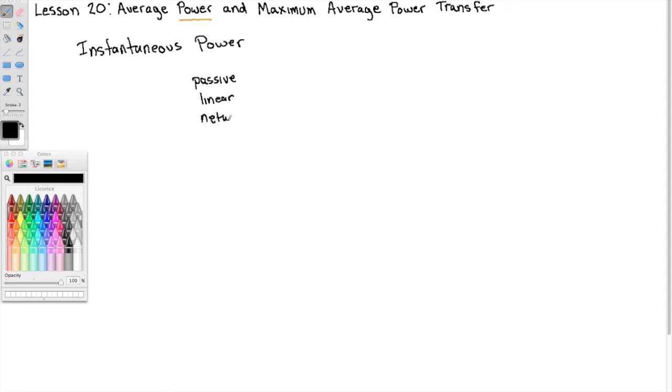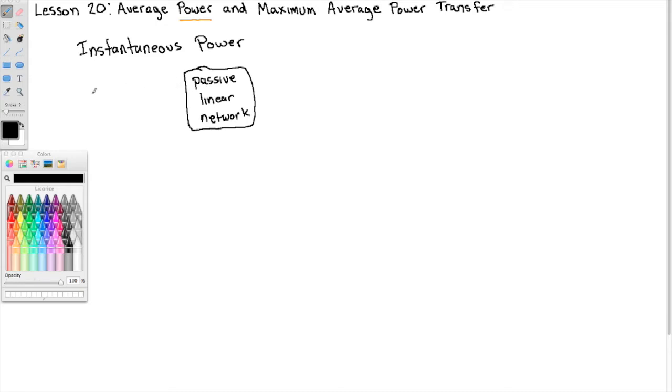So this is fancy for saying contained in this box are resistors, capacitors, and inductors. That's a passive linear network. Yes, the capacitor and the inductor can supply power, but they have to be charged first. They have to be given power, and they store it, and then they can supply it. So they are passive elements.